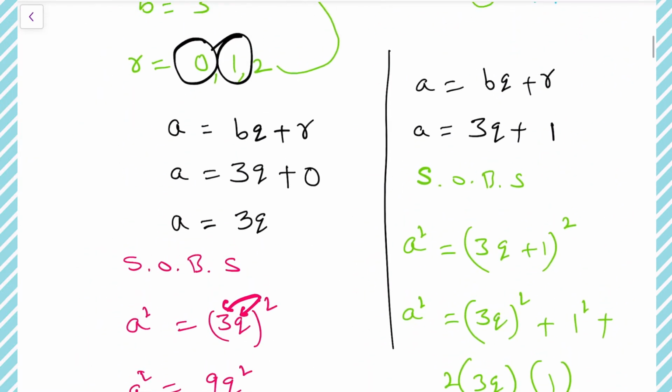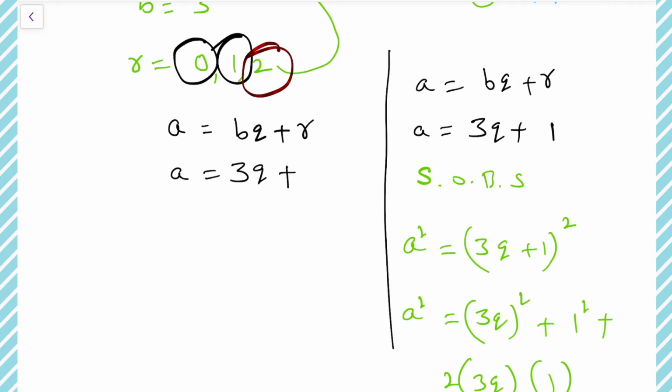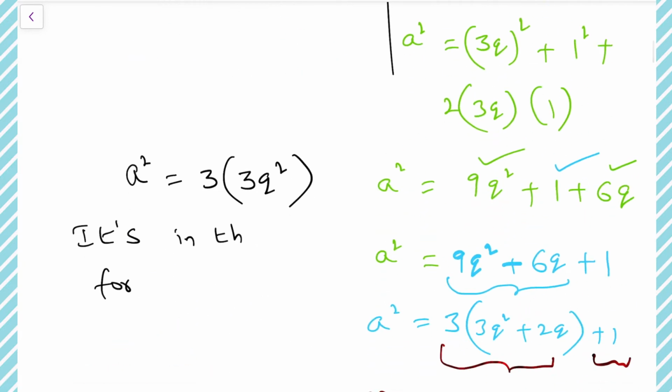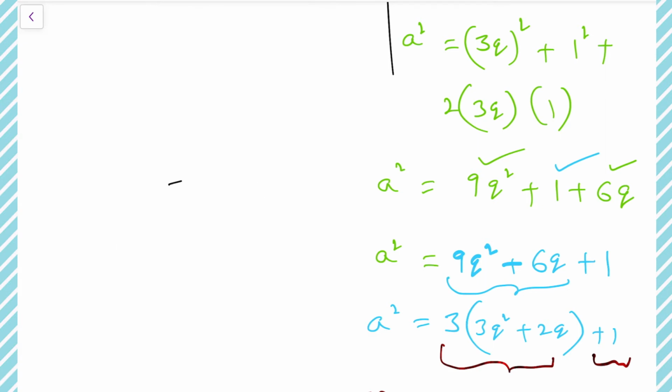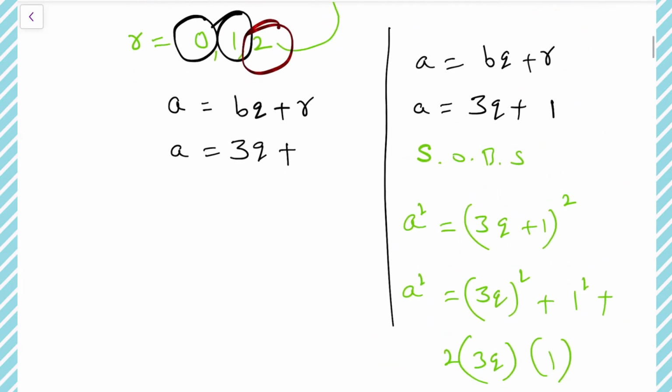And now the same way we need to take the remainder 2 and we need to check that also. Let us do that also now. Okay, let's move to that. So now in the place of r, I am substituting 2 then. Again same process, squaring on both the sides. So a square equals 3q plus 2 whole square, which is in the form of a plus b whole square.